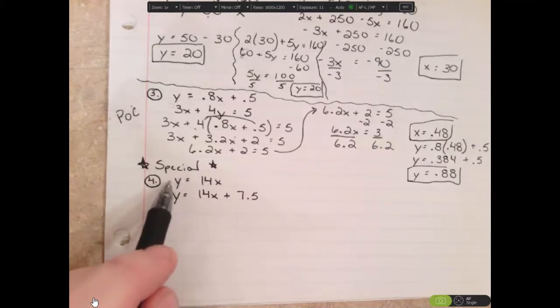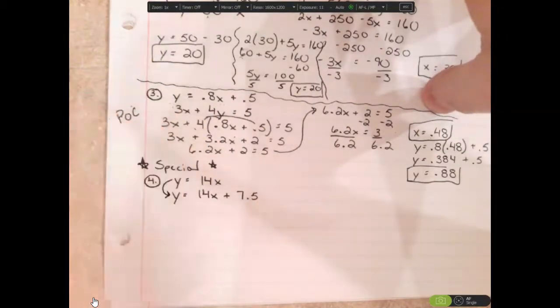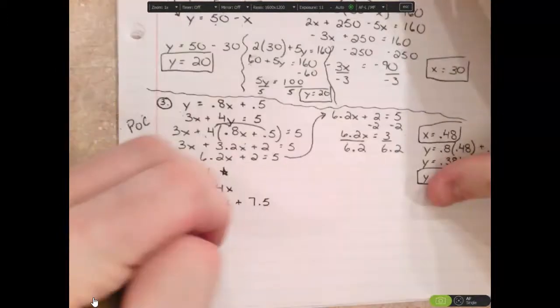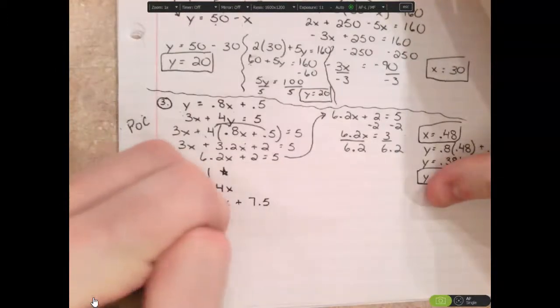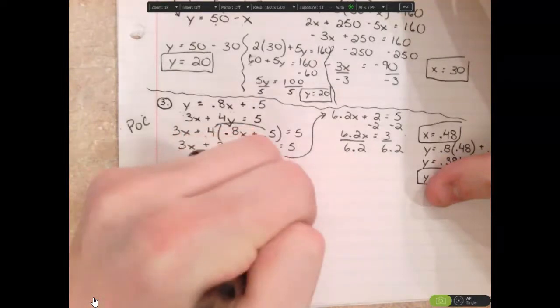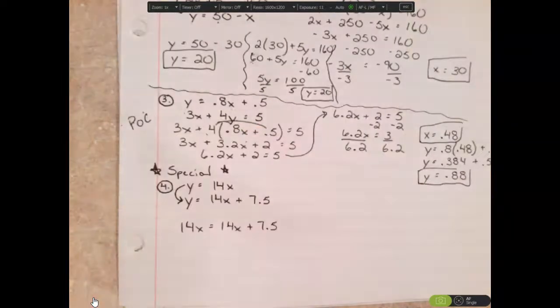I'm going to substitute this first equation, that y, into the second one. It doesn't matter which one you do or how you substitute as long as you plug one of them in for the other. But when I do so, it looks like 14x equals 14x plus 7.5.